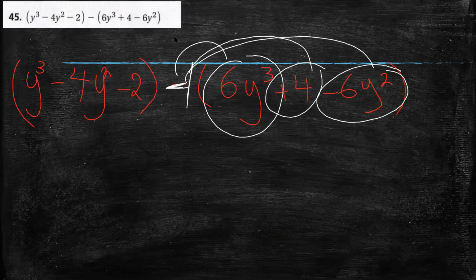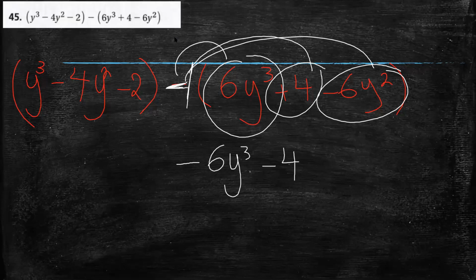Is it clear? Yes, miss. Negative 1 multiplied by 6 is negative 6y cubic. Negative 1 multiplied by 4 is negative 4. And negative 1 multiplied by negative 6 is positive 6y squared.